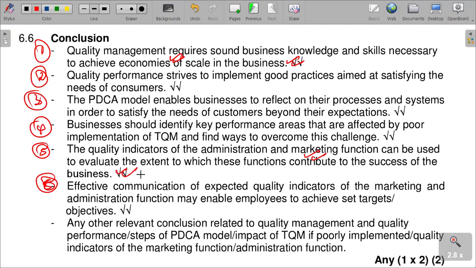Effective communication of expected quality indicators of marketing and administration function may enable employees to achieve the targets or objectives set for them. So as you can see, there are quite a lot of conclusions that can be made. And don't forget that it is only 2 marks, so through 1 point that you identify and emphasize on, then it is done.